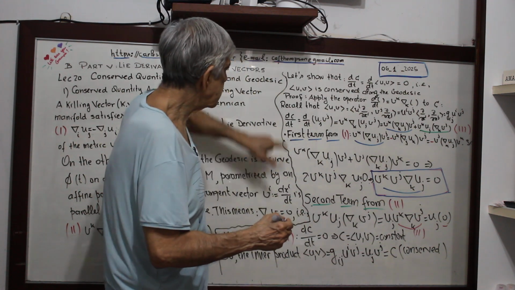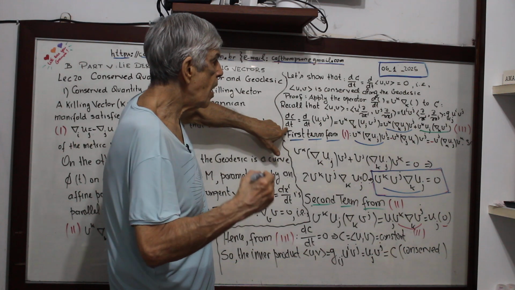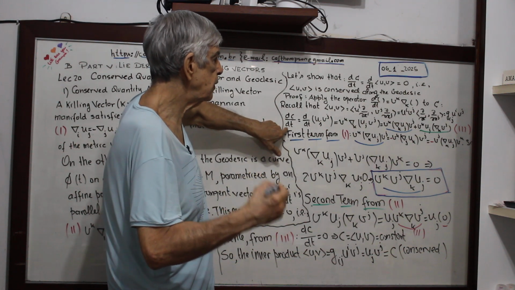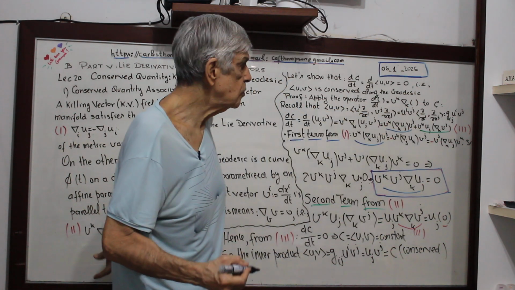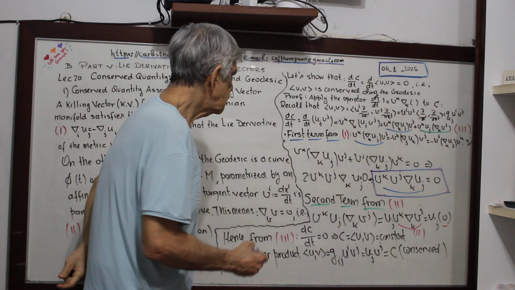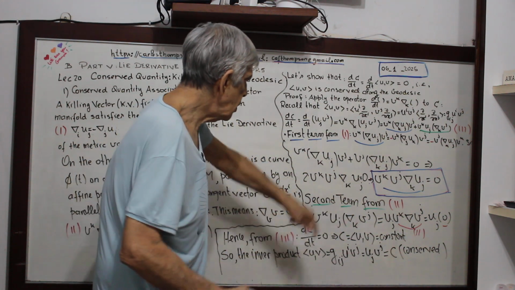Now, to show that dC/dt is equal to 0, I want to prove that the green term over there is also 0. So there's a second term, the green one.